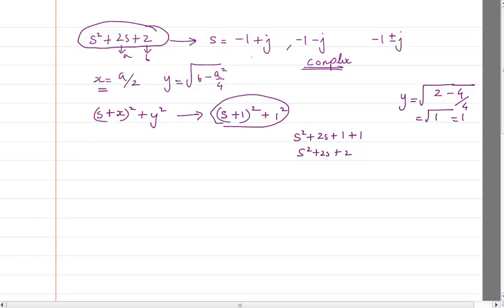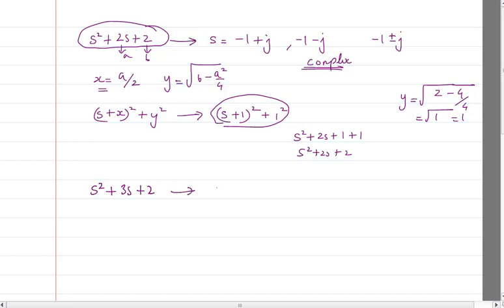If it was not in this form, suppose I am going to take another value where I have the quadratic equation coefficients as some other value, like suppose s square plus 3s plus 2.